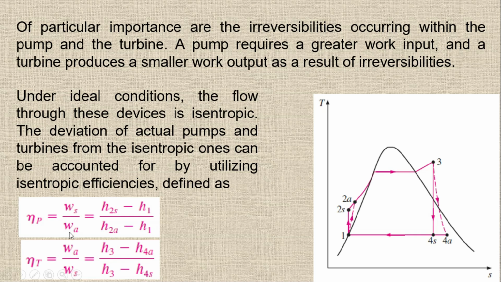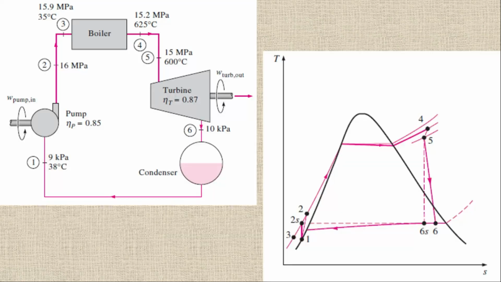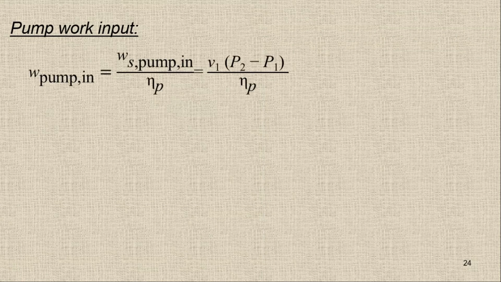So if you have to find the actual work, simply shift this here, and then divide the isentropic work by the isentropic efficiency of the pump. So here I am going to check the actual pump work input, simply the ideal work divided by the efficiency of the pump. As we know, the ideal work input is simply V1 times (P2 minus P1), divided by the efficiency.